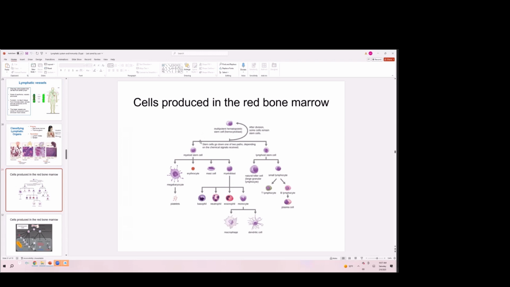It will divide, and one of them would remain in this state, the multipotent stem cell, and the other one will become a myeloid stem cell, starting to develop, differentiating or changing into a cell that would ultimately form a red blood cell.